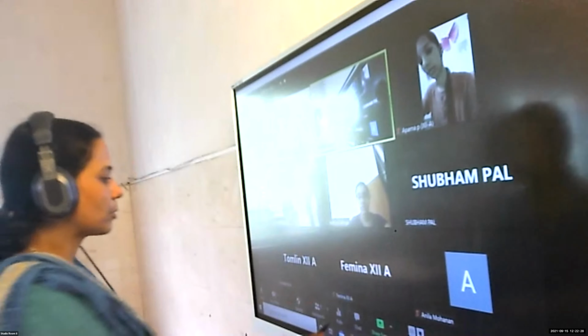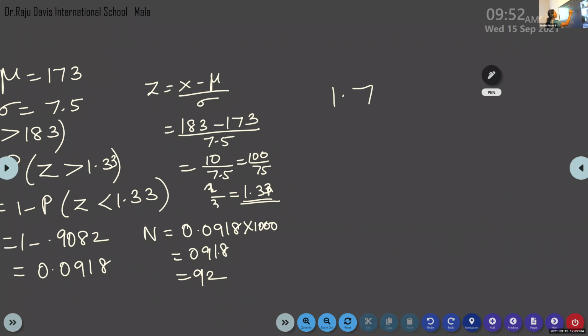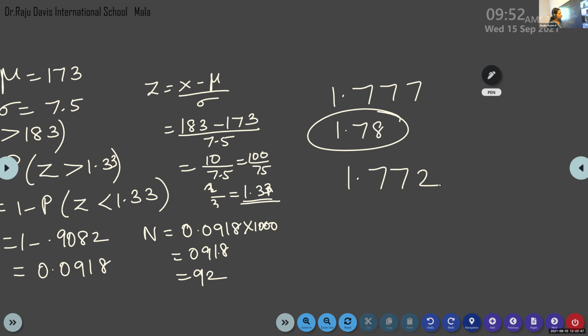Suppose it is like this when I divide. We have learned this in our lower classes. Suppose on dividing I am getting 1.777, then you take the value 1.78. Suppose I get 1.772, then we can take 1.77.